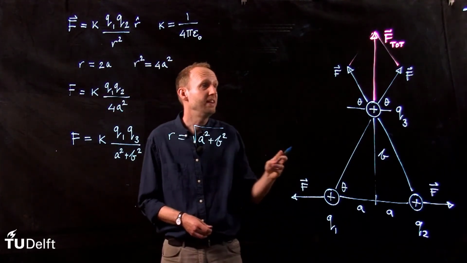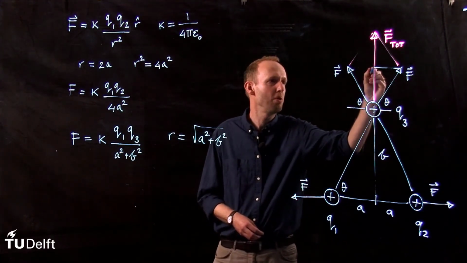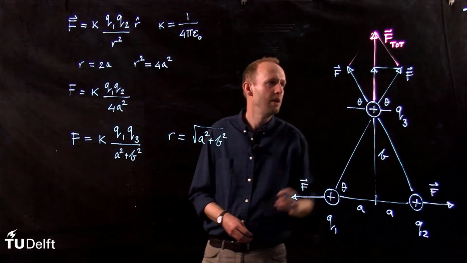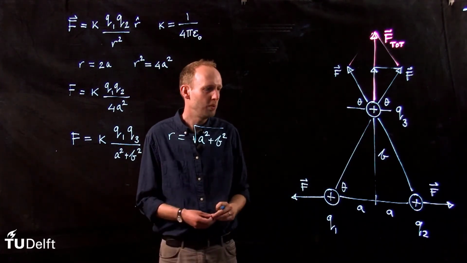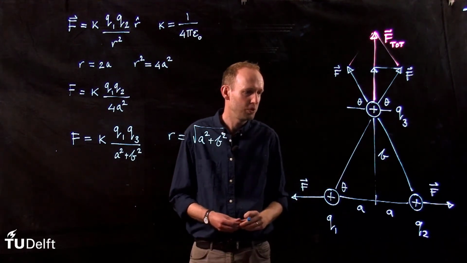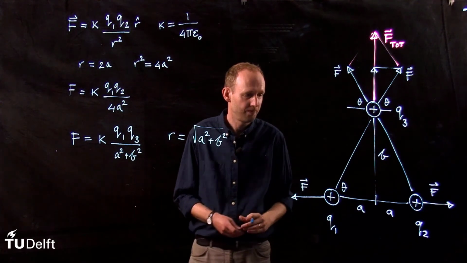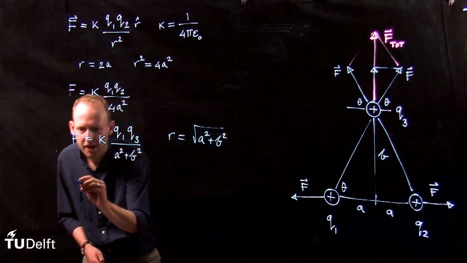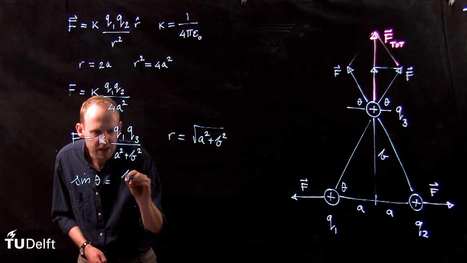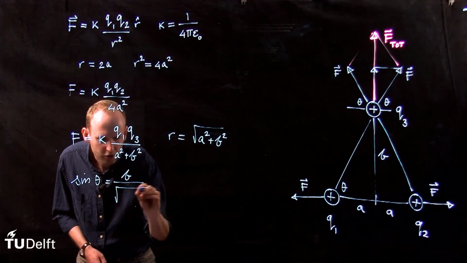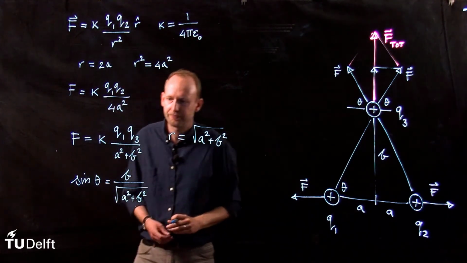However, we are interested in the vertical component of this force. So in order to get the vertical component, so this part, I need to multiply this magnitude with the sine of theta, which is nothing but the opposite leg divided by the hypotenuse. So sine theta in this case will be B divided by the square root of A squared plus B squared.